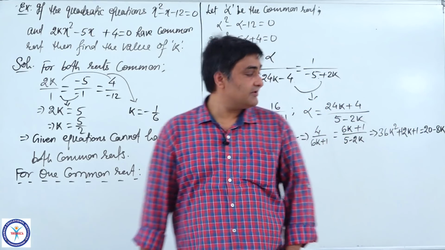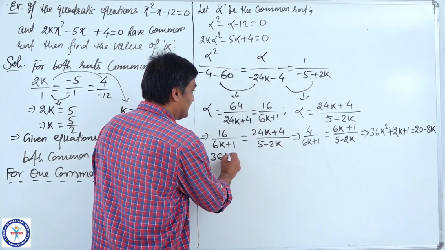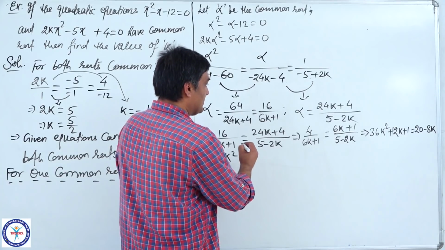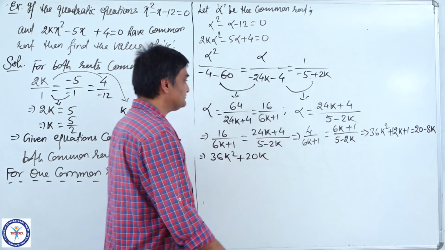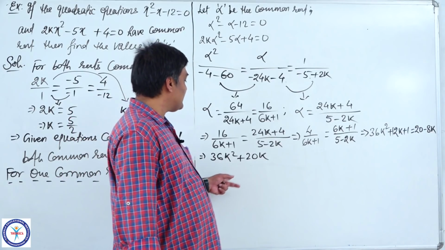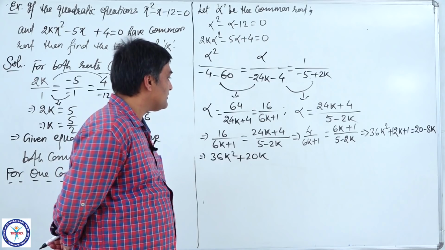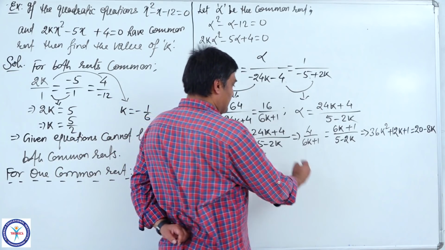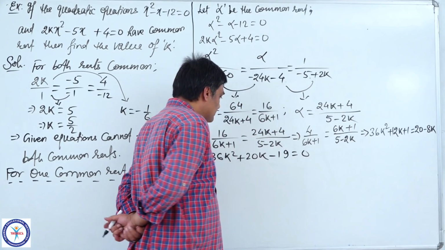So, we have 36k square plus 20k minus 19 equal to 0.